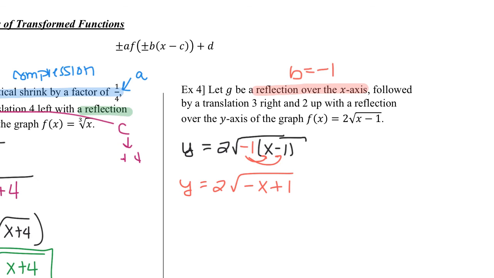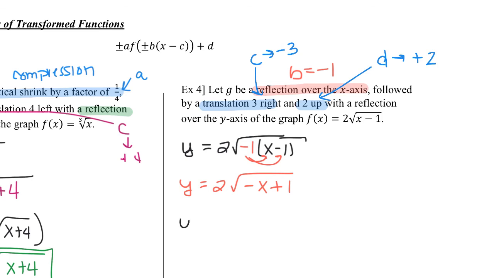The next thing that happens is a translation 3 right and 2 up. I can do both of those at the same time because one of them is a c value and one is a d value. 3 right, that's my c, but since it's right, it means it's opposite, so it's actually going to be a minus 3. And 2 up, that's your d parameter, and that's the one that's actually telling the truth, so it's going to be a plus 2 on the outside.